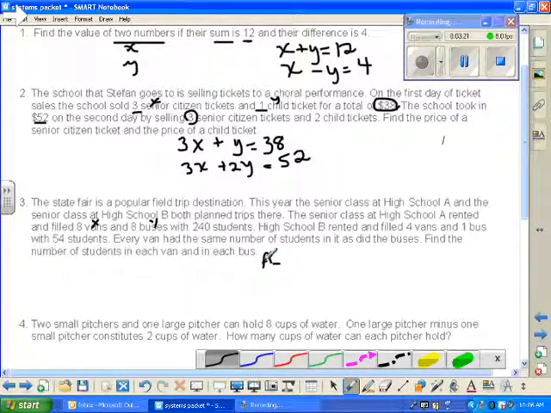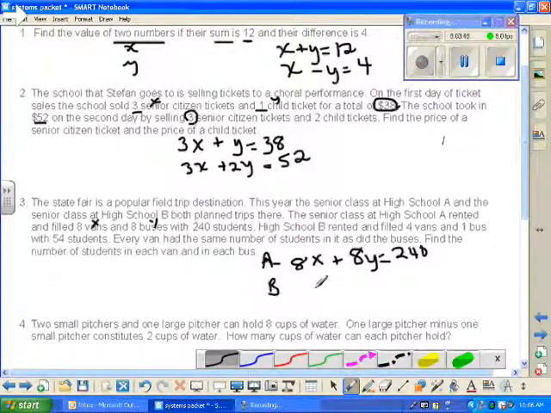So class A filled 8x plus 8y for buses with 240 students. And high school B rented and filled 4 vans.